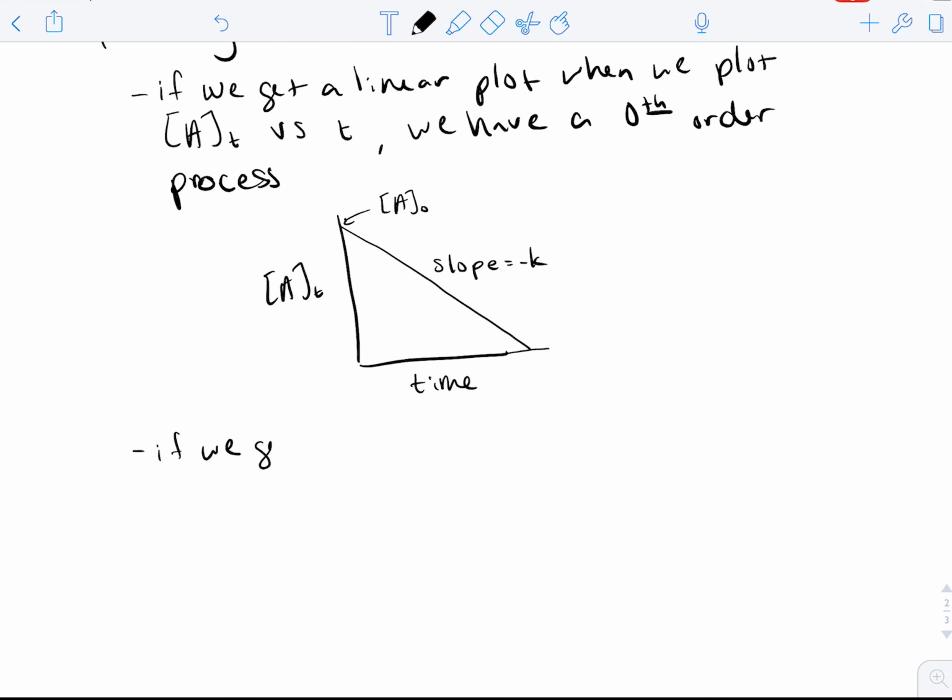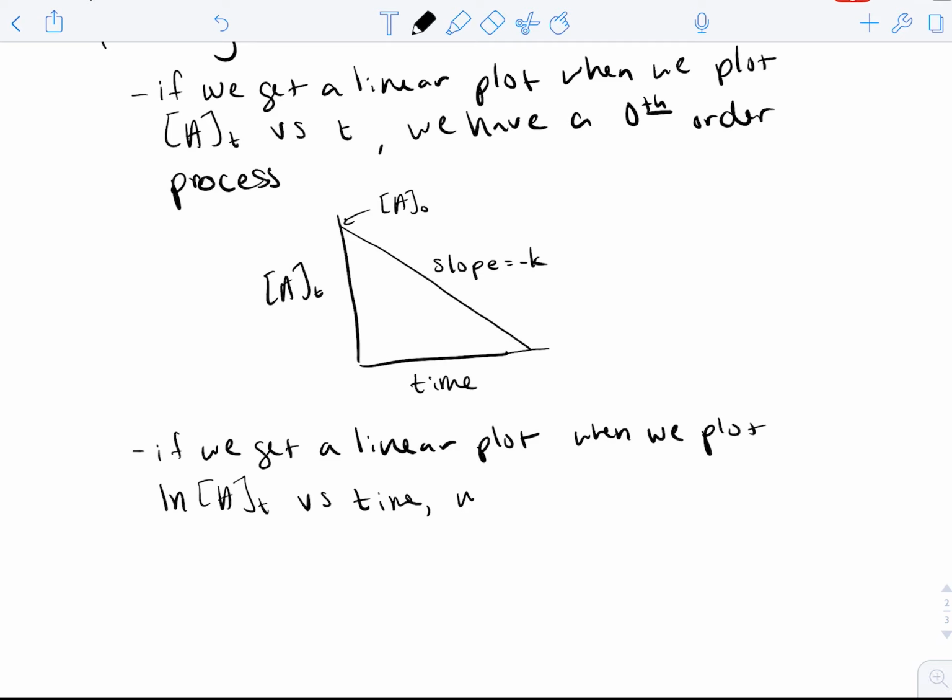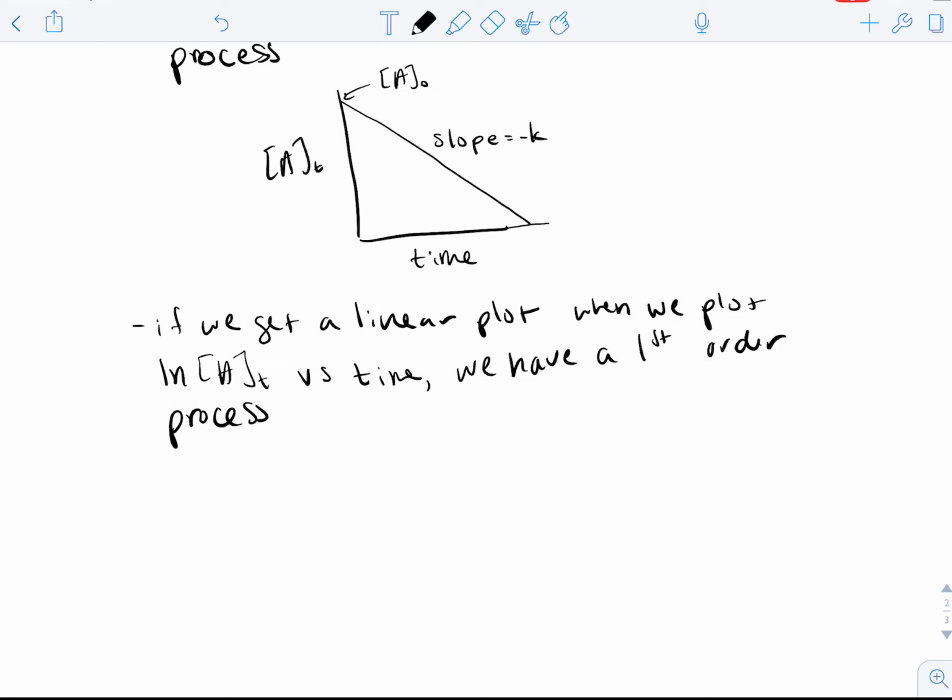So if we plot A at time t versus time and it is not linear, the next thing we're going to do is plot ln A at t versus time. So if we get a linear plot when we plot ln of A at t versus time, we have a first order process. And here it would look like this, ln A at time t versus time.